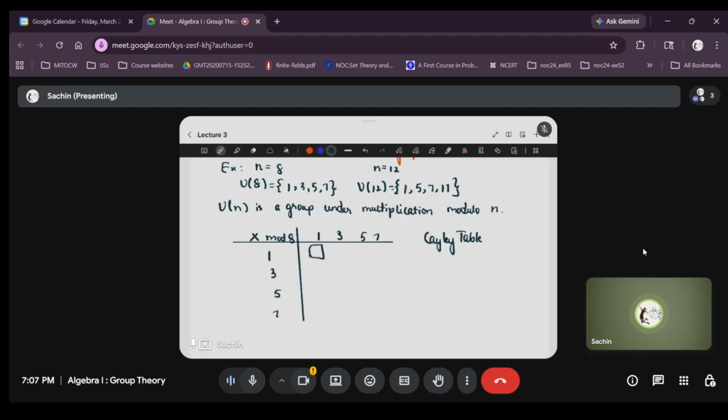And an entry in the row indexed with group element A, and the column indexed by group element B, this entry will be A times B or A star B. Generally, if the operation that we are performing is multiplication, we'll leave out the star and write it as AB. If it is addition, we'll write it as A plus B.